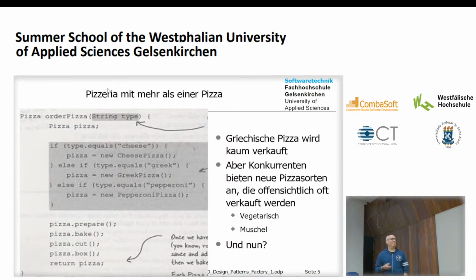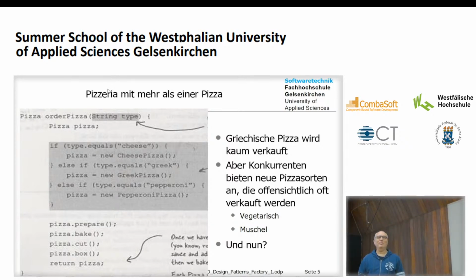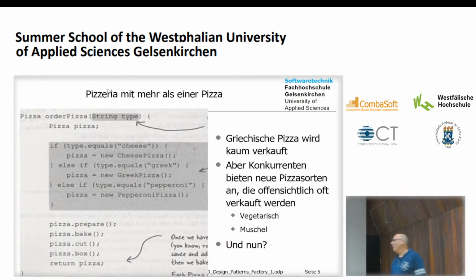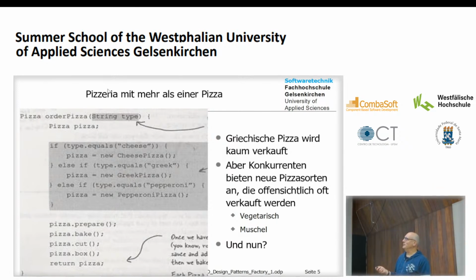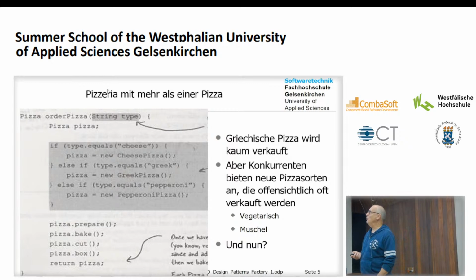Do you have vegetarian girls here in Brazil? Not a lot, I think. Yeah, but you have, yes. Okay, so now you have to extend the order pizza with a parameter which includes the kind of pizza you will prepare. Okay, so we do it.